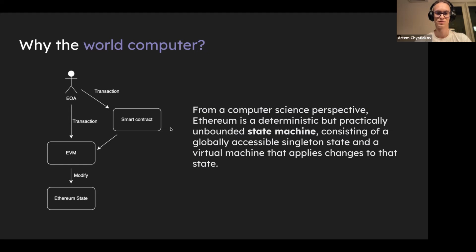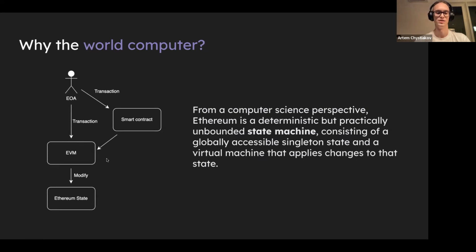Besides deploying smart contracts, what are use cases needed to send transactions directly to the EVM? So think of the EVM not as something separate from Ethereum. The EVM is actually a part of Ethereum.